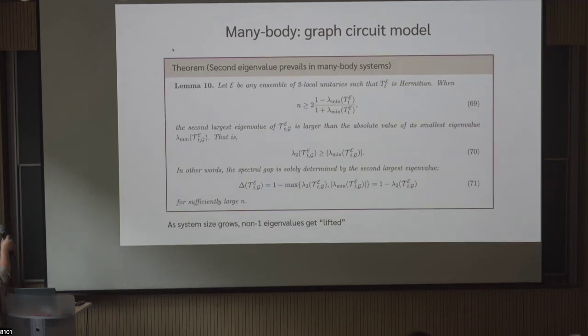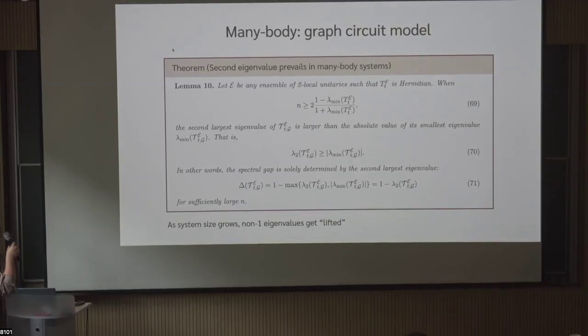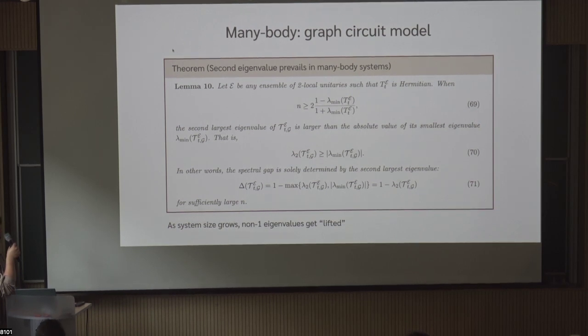A very important phenomenon here. Let me first give a little bit of intuition about what is happening. When we consider the many-body version, the small eigenvalues get lifted after we repeatedly apply the ensemble, and very intuitively, if the eigenvalues are really small, they get lifted somewhat slower.